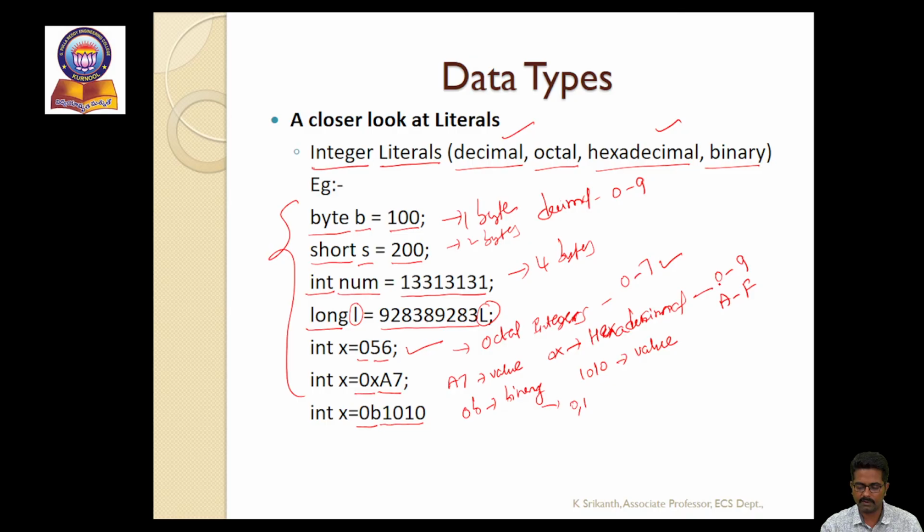So we have digits from 0 to 15, but from 10 to 15 we represent them with the alphabets A to F. In the binary number system we have only two digits, 0 and 1. Hope it is clear. And here we need to remember that an octal number should start with 0, a hexadecimal number should start with 0x, and a binary number should start with 0b in Java.